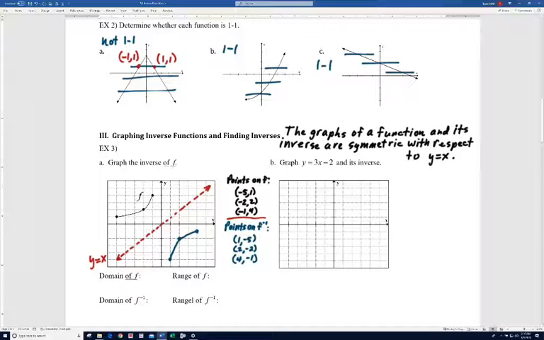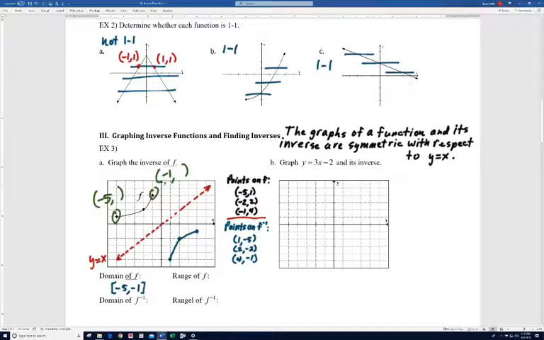Now on the domain here, remember with the domain we go from the leftmost to the rightmost point and we look at x values. So here we're at -5 and here we're at -1. And so our domain is going to go from -5 to -1.